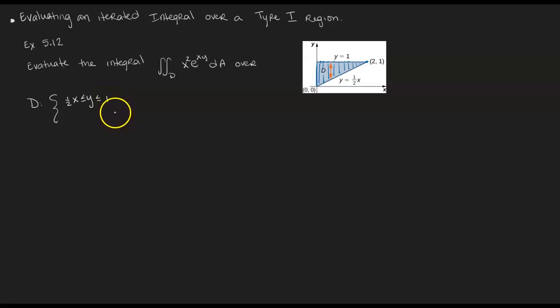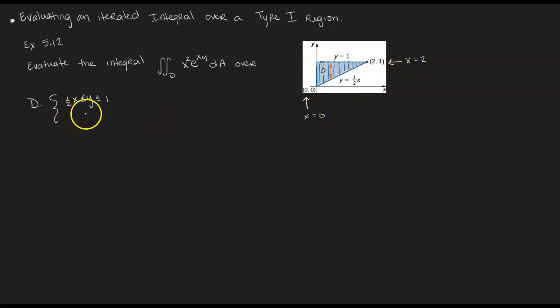line. And then for our x values, we're going to pick the x values that correspond to the left side of our region, so x equals 0 along that y-axis, and then the right side is defined by this point 2, 1, so the x value there is 2.